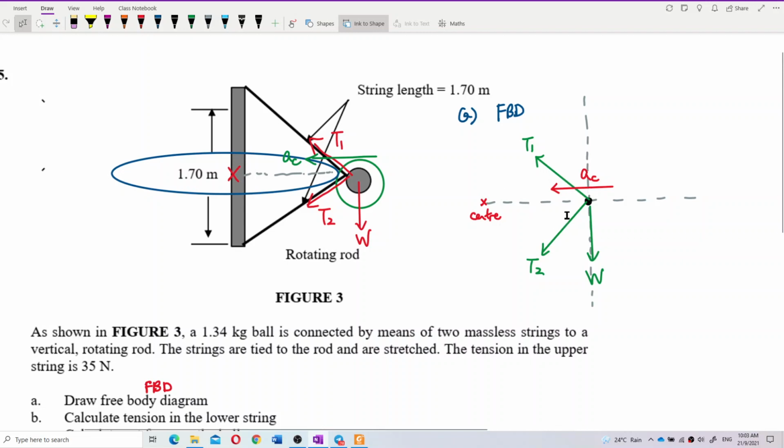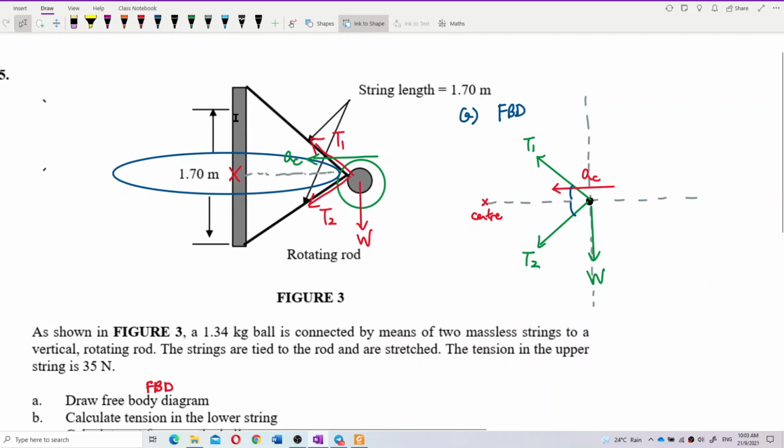I think that's it. Then we need to find out the angle for T1 and T2, because we want to resolve vectors later on. So what should this angle be?